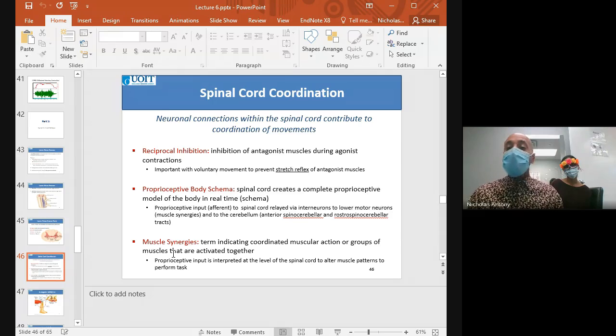And then the way that it adjusts the activation of the different agonist muscles for a given movement is called muscle synergies.